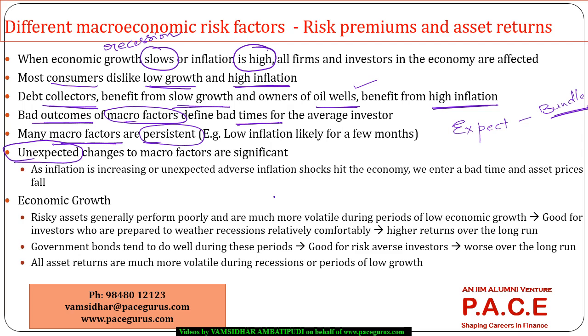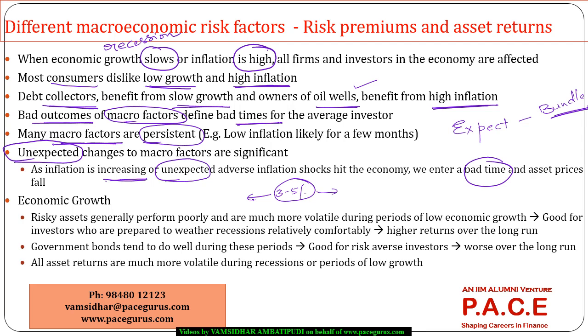So I expect that the inflation will be, let's say, in the range of 3 to 5%. As long as the inflation levels are around this, we might have already expected it, we might have already considered them as a part of the premium pricing, etc. But if the inflation is completely unexpected, going much below this or much above it, so that the inflation shock is much higher than what has been anticipated, that is when we are talking about a bad time for the investors, and even the asset prices getting very badly impacted because of that.